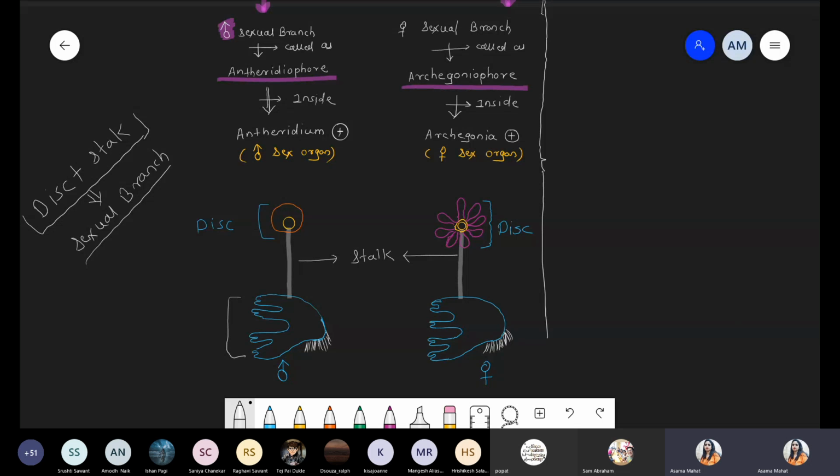But when that gametophytic body matures, there is a development of the stalk, and on the tip of the stalk there is a development of the male and female disc. So stalk plus disc collectively are called the sexual branch. Got it? Is this point clear, everyone? Diagram done?